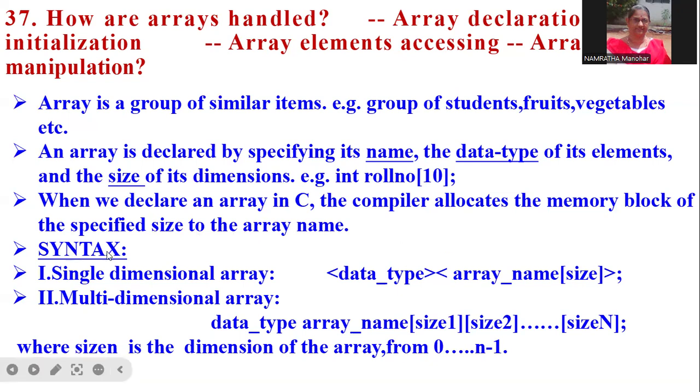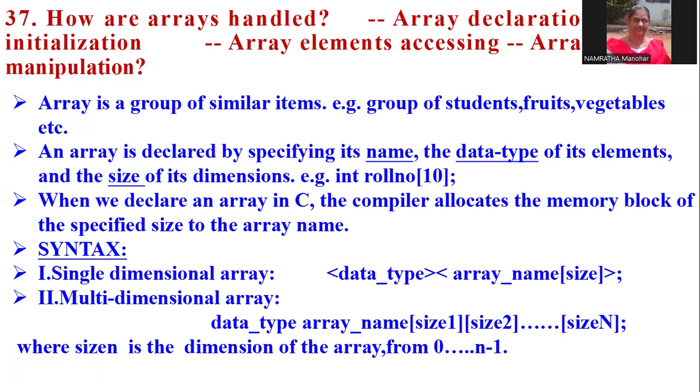So for syntax, you have two types of arrays, the single dimensional array and the multi-dimensional array. For a single dimensional array, we have data type, then array name and size, which you have already seen previously. Here the size is only a row or a column. Now, in a multi-dimensional array, you have data type, array name, size 1, size 2, and so on up to size n.